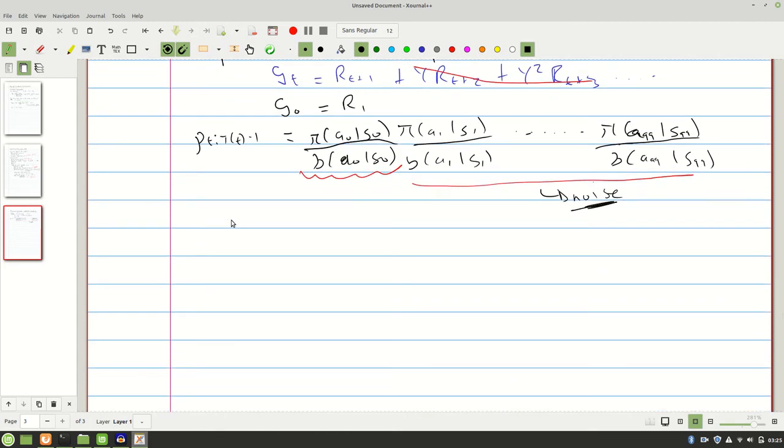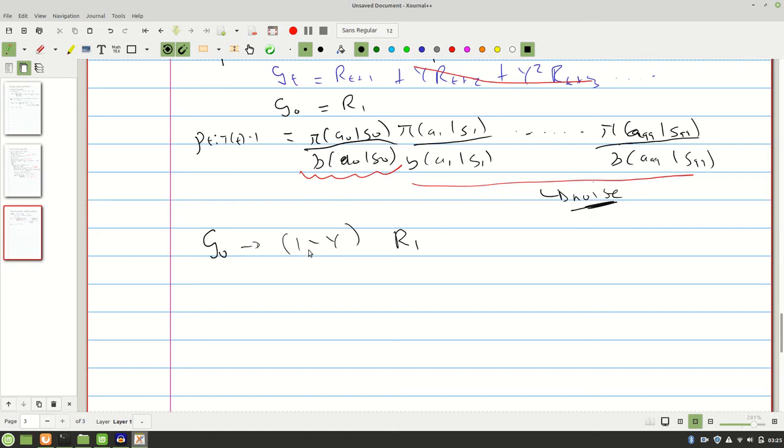So if we think of discounting as determining a probability of termination, or a degree of partial termination, then we can think of G0 as partly terminating in one step, to some degree, say 1 minus gamma, and only giving us the result R1.